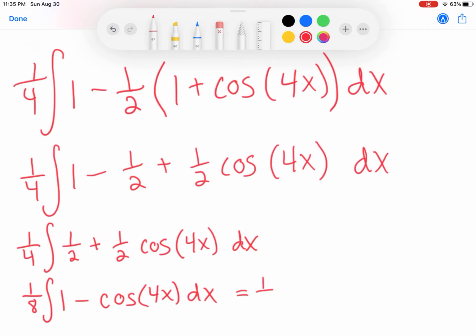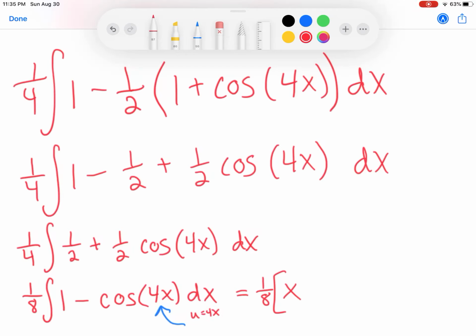So we're going to end up with 1/8. Now, the antiderivative of 1 is just going to be x, and then we are going to end up probably having to do a u sub to take care of the 4x that's inside the argument there of cosine. And when you guys do that, I'm going to skip that step and leave it to you guys.